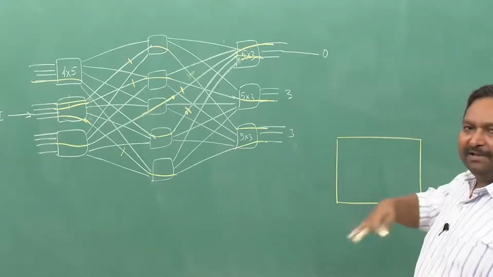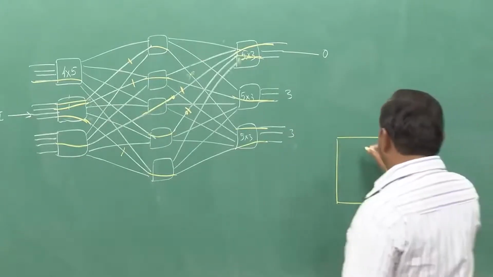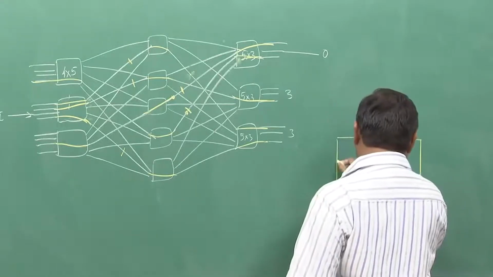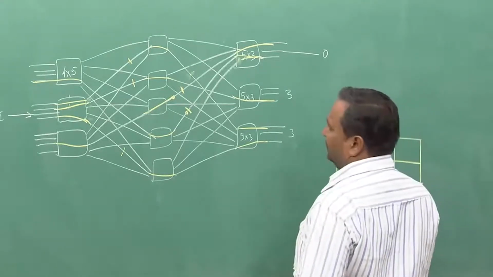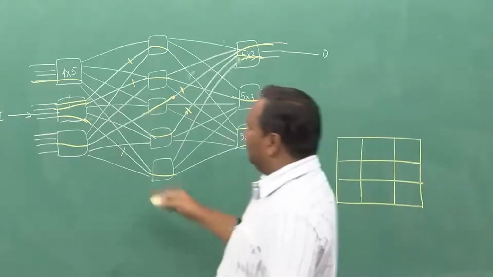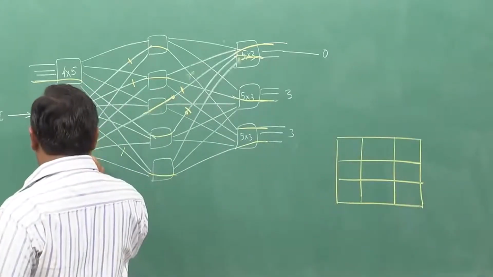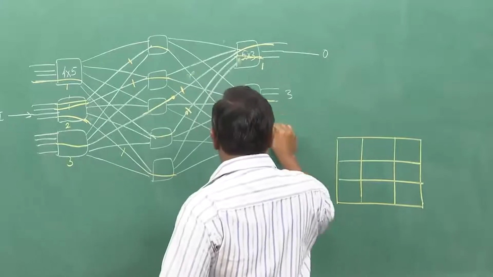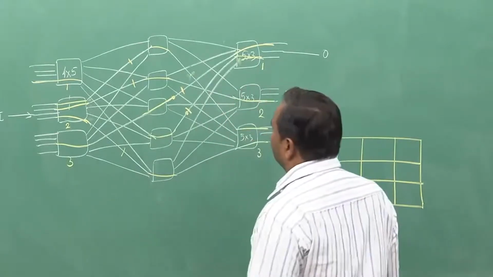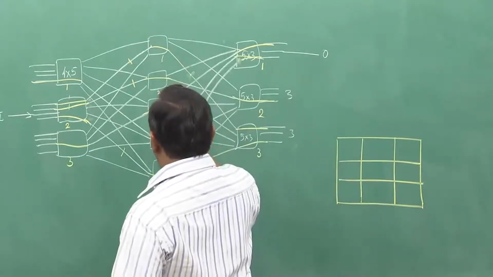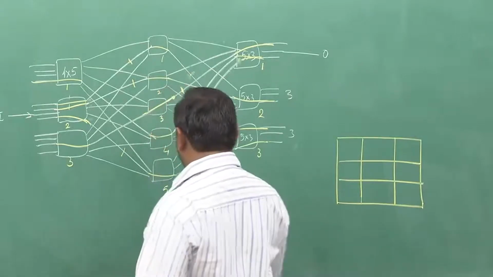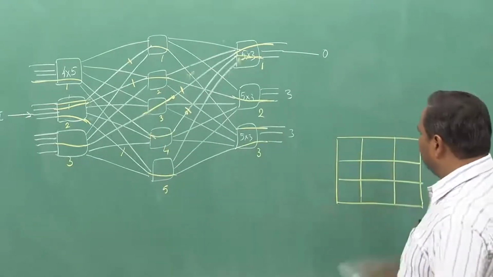So, in fact, you can actually do it for any arbitrary system. In this case, it is a 3 by 3 matrix. You will have, I call it number 1, 2 and 3. I call it 1, 2 and 3. Okay. These switches are 1, 2, 3, 4 and 5, and they do not satisfy the Clos theorem.